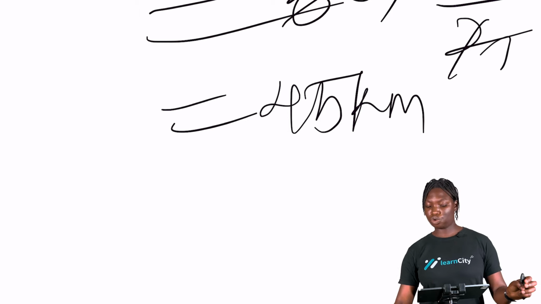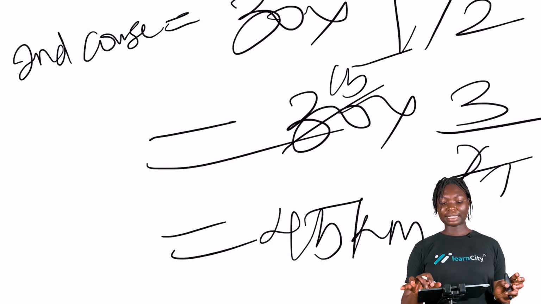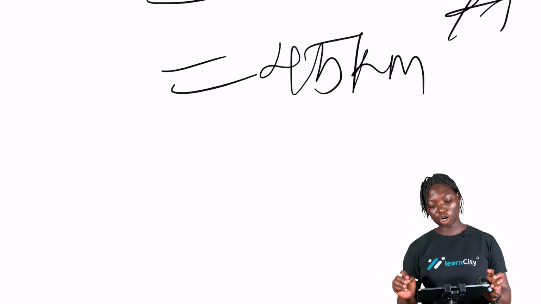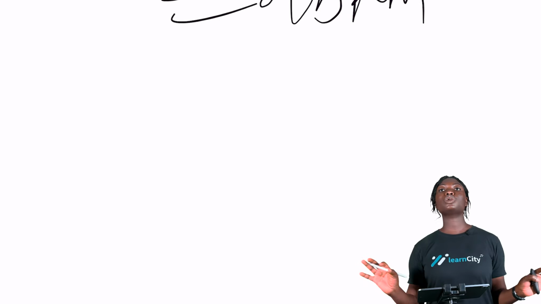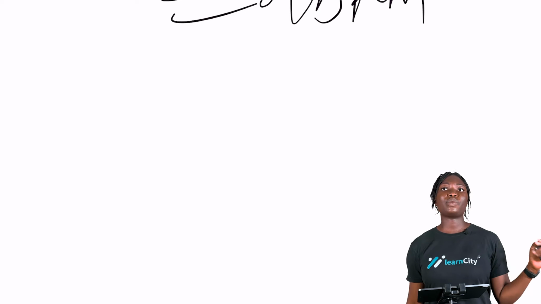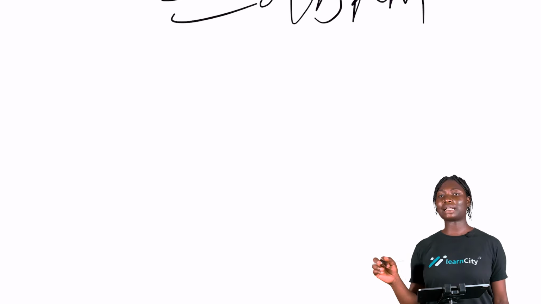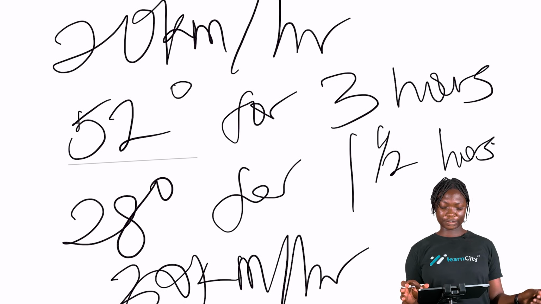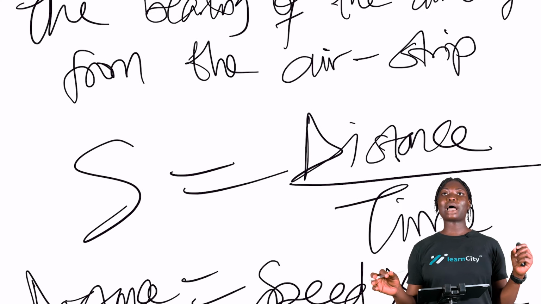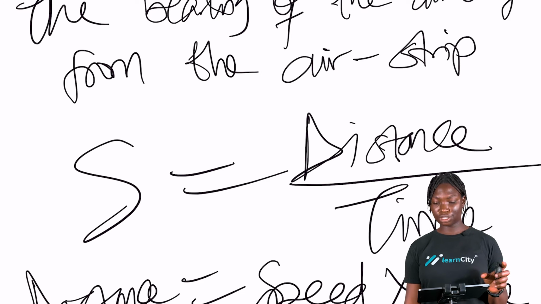Now, what do we do? We've gotten our distances, so we make our diagram. We have two different distances: the 60 kilometer distance under a bearing of 52 degrees, and the 45 kilometer distance under a bearing of 28 degrees.